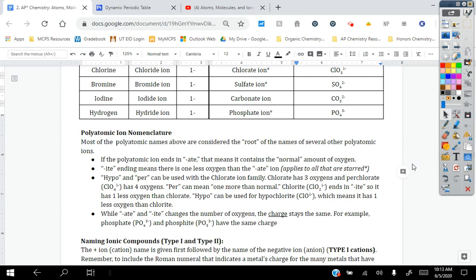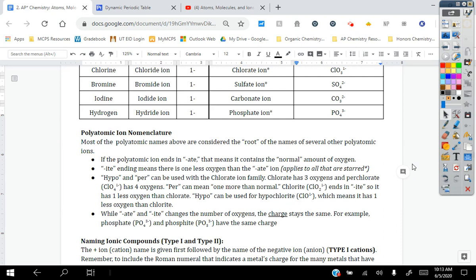And the per and hypo prefixes just add or remove an additional oxygen from our base. So chlorate had 3, perchlorate therefore must have 4 because it's one more than normal. Chlorite is one less than chlorate, so that would be ClO2. Hypochlorite would be ClO because it's one less than chlorite. It's kind of like a systematic way of identifying the number of oxygens in the naming system.